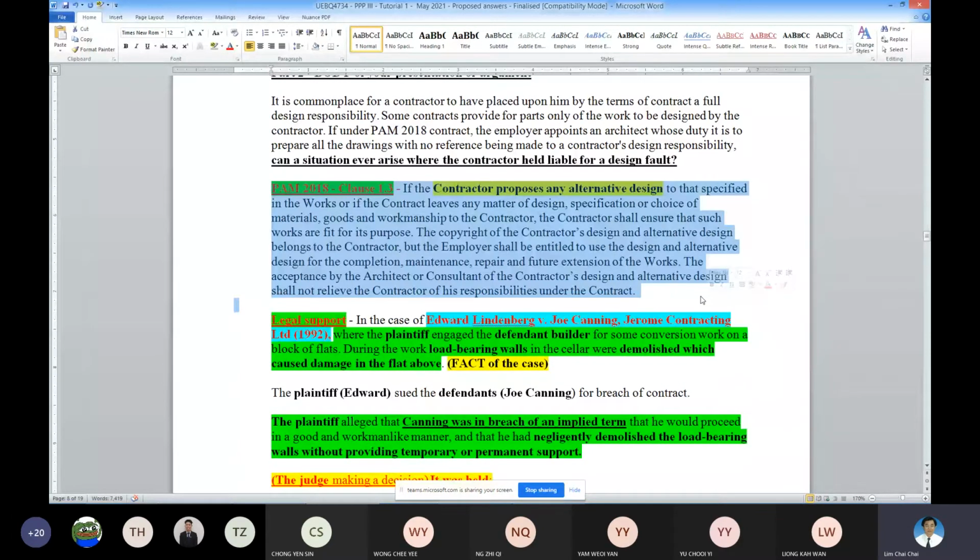But then interpreting this one, hidden under this part, even though you didn't do the design, under this Edward Lindenberg versus Joe Canning, there is an implied term under the contract that you must do your work as a professional, as a competent builder.